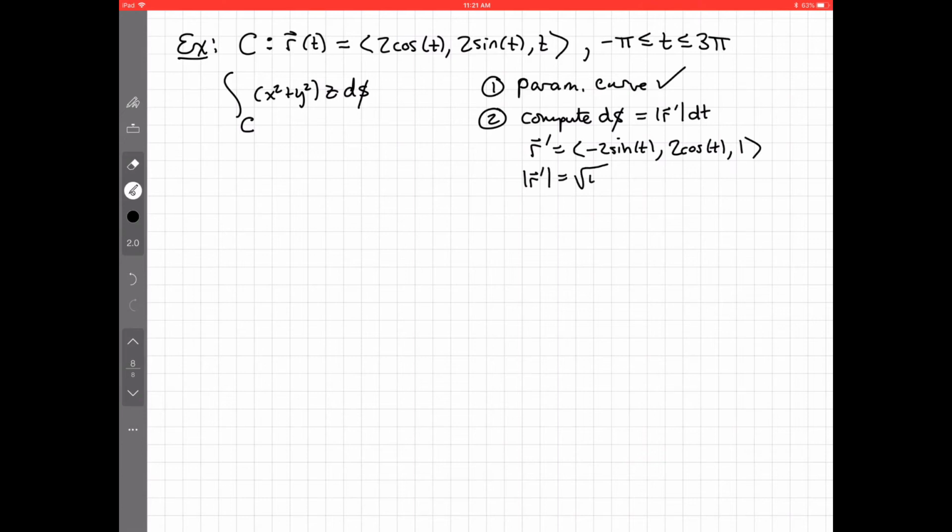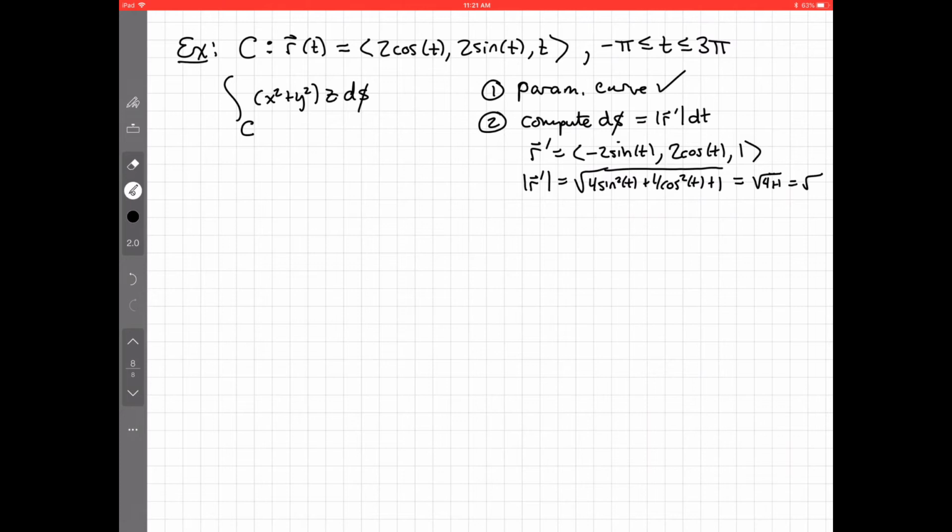So we get the square root of 4 sine squared plus 4 cosine squared plus 1. Now remember the Pythagorean theorem tells us that sine squared plus cosine squared is 1, so that we're left with just the square root of 4 plus 1, which is the same thing as the square root of 5.